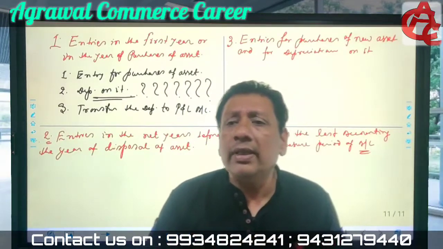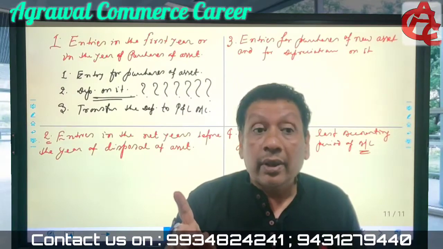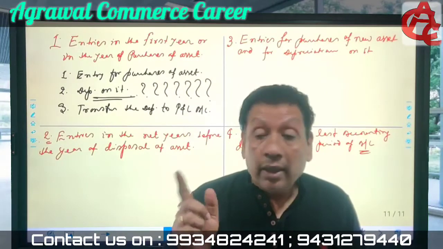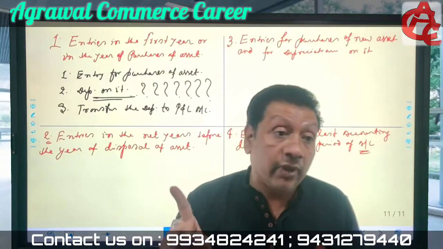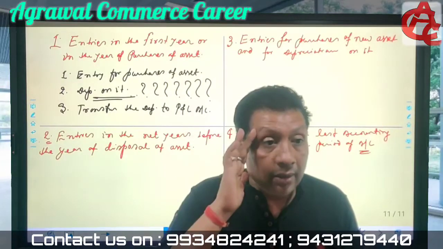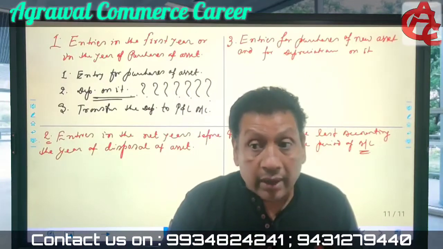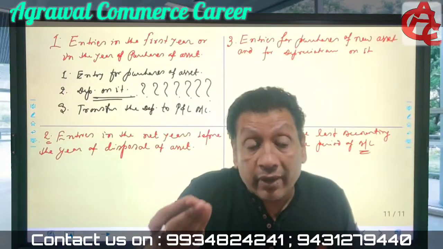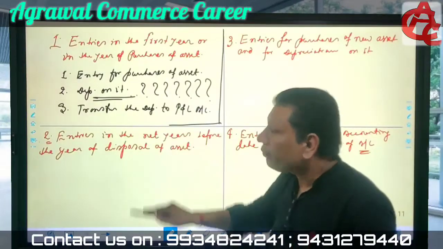The entry is very simple: depreciation account debit to asset, if direct charge method is followed. Otherwise, depreciation account debit to provision for depreciation, if provision for depreciation method is followed. Is it clear? But I am not talking about this one. I am talking about the calculation of depreciation in the very first year. Why have I given this first segment here?